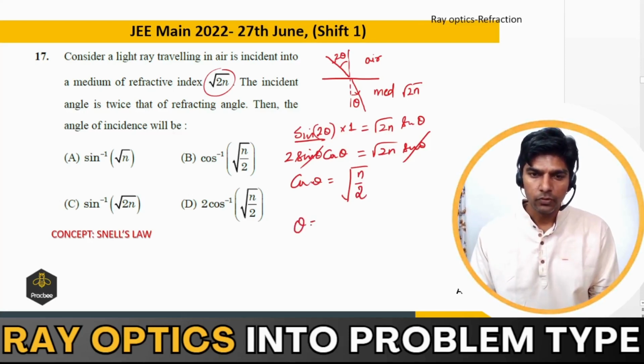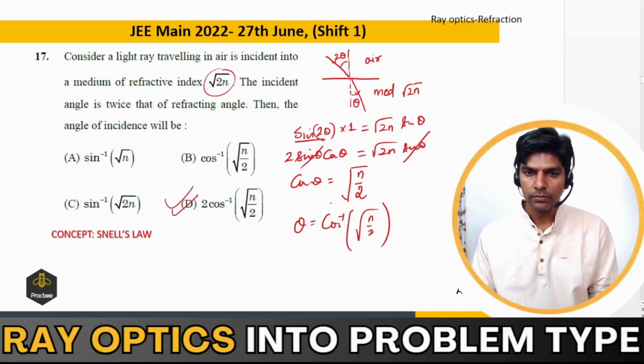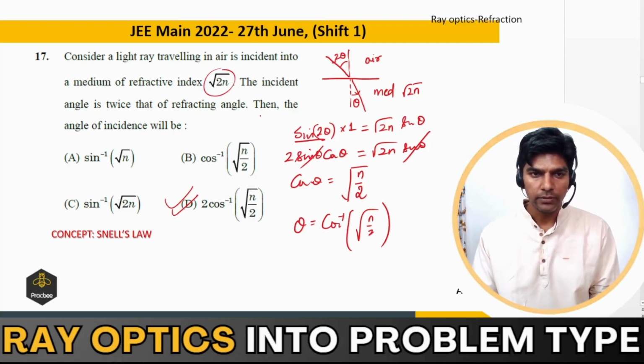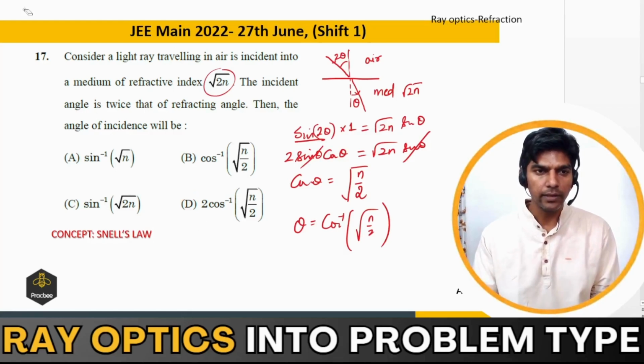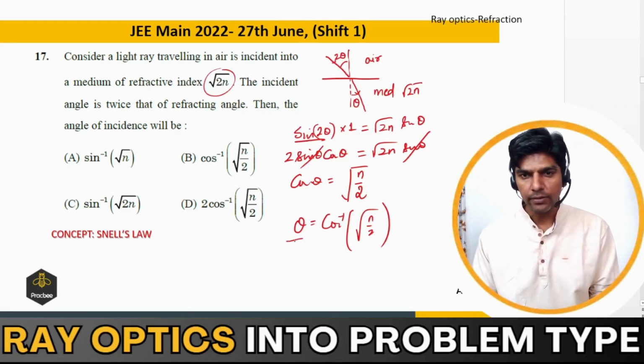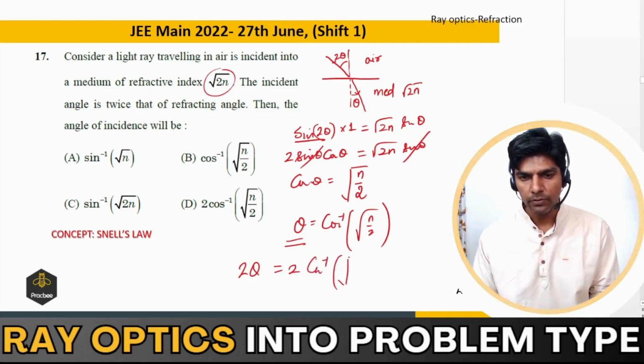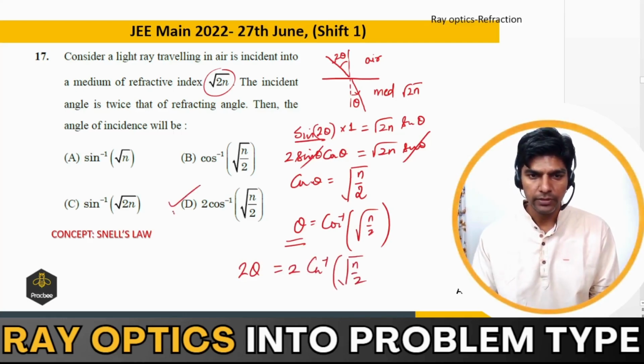So theta comes out to be cos inverse root of n by 2. Let me again check. We have to find the angle of incidence, not the angle of refraction. So angle of incidence will be twice of that, so 2 times cos inverse root n by 2. Yes, option D is the right answer.